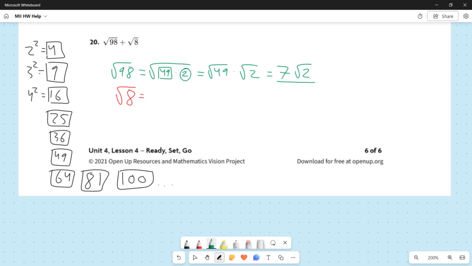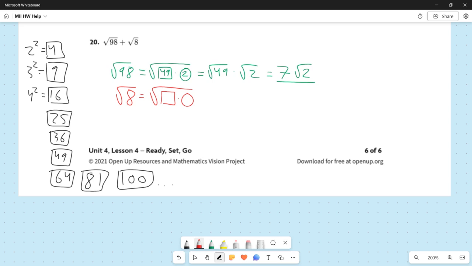All right. We're going to do the same thing with the square root of 8. So for the square root of 8, to simplify any square root, again, what is the largest square number that goes in evenly into 8? Well, this number has to be less than or equal to 8.